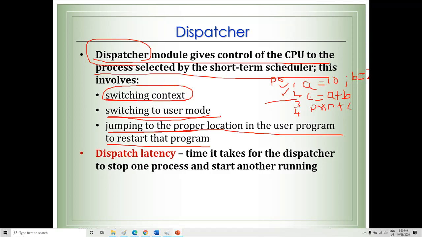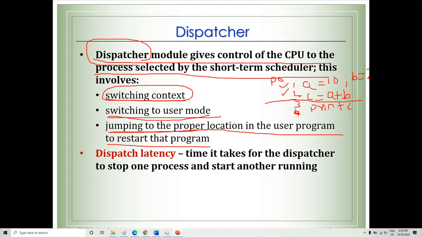So what happens? For this process P0, the first two statements are finished, and statement 3 is yet to finish. Only when statement 3 finishes would the program terminate normally. But before that, the operating system has taken the CPU from the P0 process.